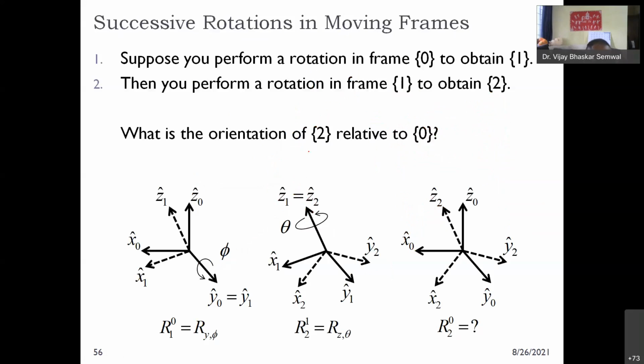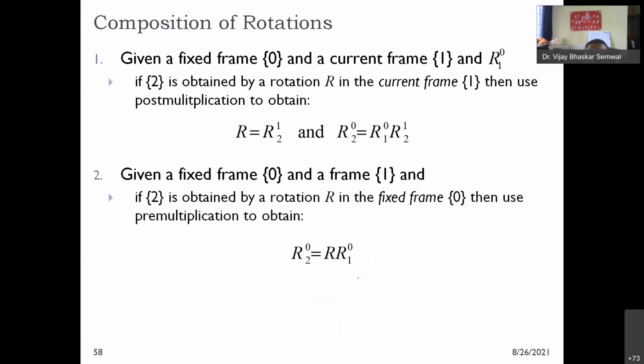Okay, so we are representing frame 1 with respect to frame 0. What is this? It is just rotation around frame Y by 45 degrees. Okay, now frame 2 with respect to 1, what is happening? It is rotating by theta around z. Okay, that is the rotation.